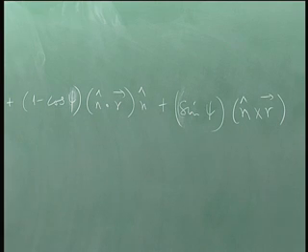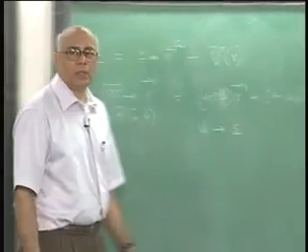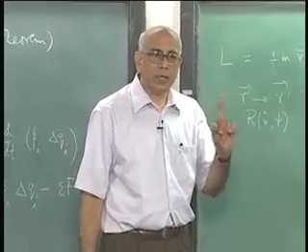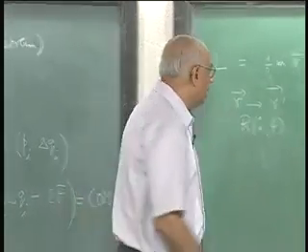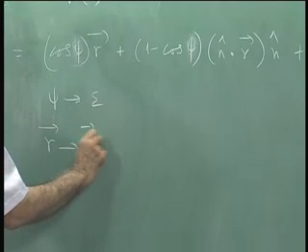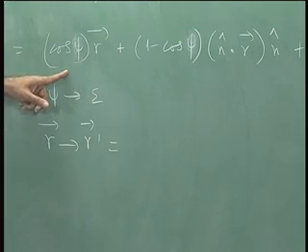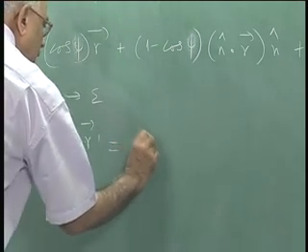I am interested in an infinitesimal transformation, an infinitesimal rotation. So instead of psi I replace it by an epsilon and work to first order in epsilon. Then what does r do? Well, cos psi to first order in epsilon is just 1 itself, so this is r.